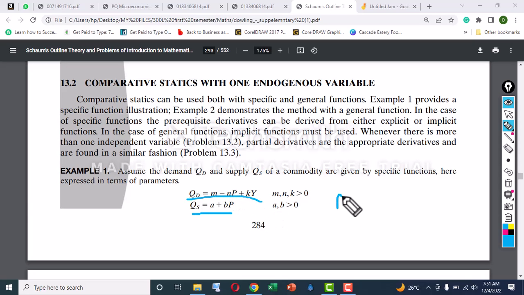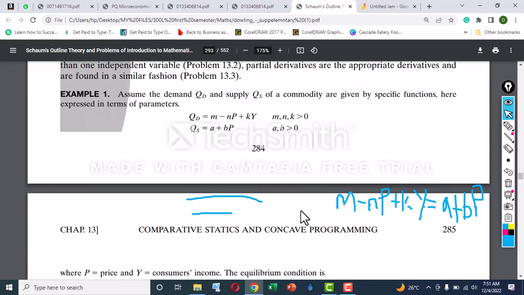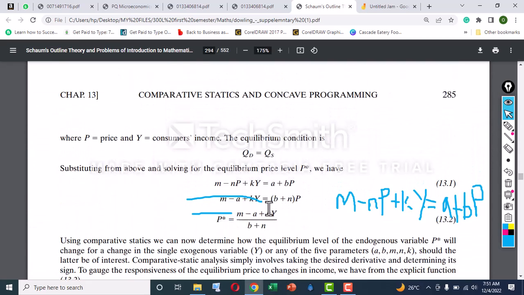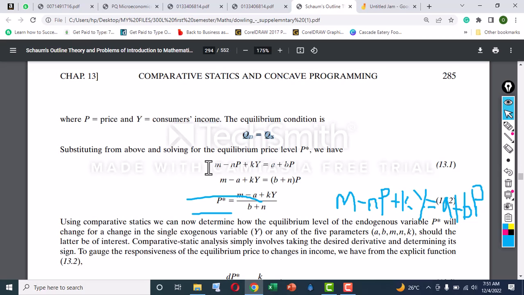When you equate them, you have m minus n, then the p, plus small k and y equals a plus bp. That's just you equating it, and that's how we come about what they have here. So they equated QD and QS.